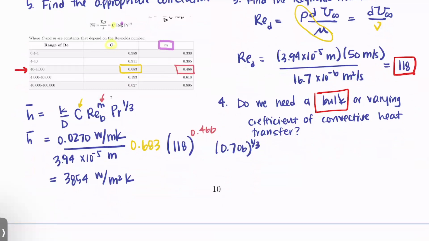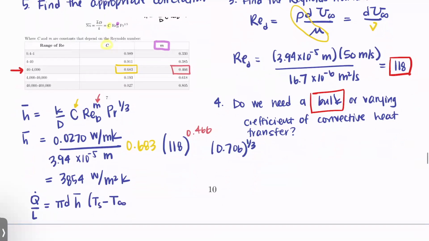All right, we found H bar, but we're not quite done yet. So we need Q dot over L. So this is the expression I already wrote down before. We have pi times D H bar times TS minus T infinity. And all we need to do now is plug in all of that stuff.